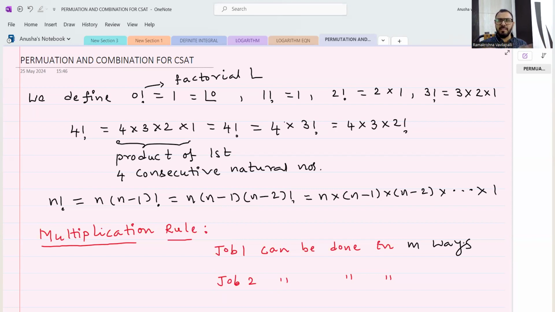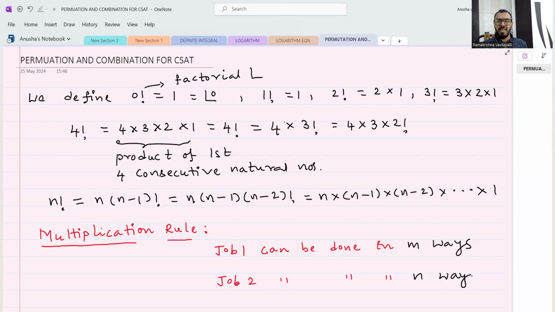So you can paint the car in 3 different ways. Here, painting the color is a job or a piece of work, and it can be done in 3 ways. Similarly, another job 2 can be done in n ways.